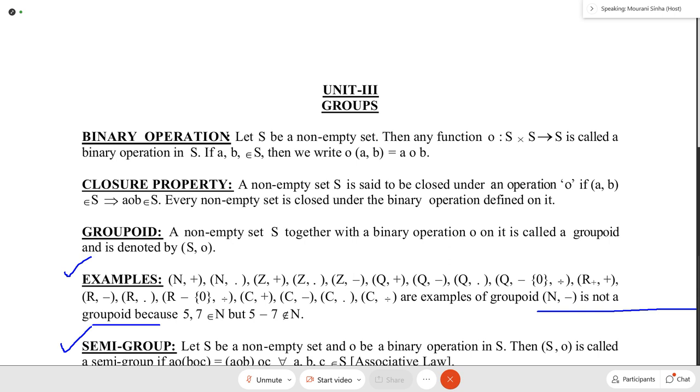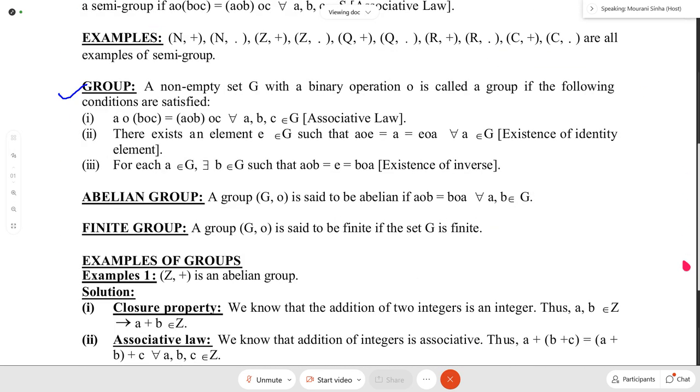Generally it is with addition and multiplication. For subtraction and division, you can check that none of them are semigroups. So this small doc file is very good for your understanding. Then we have what a group is, which you know, abelian group, finite group. Z plus is an abelian group.